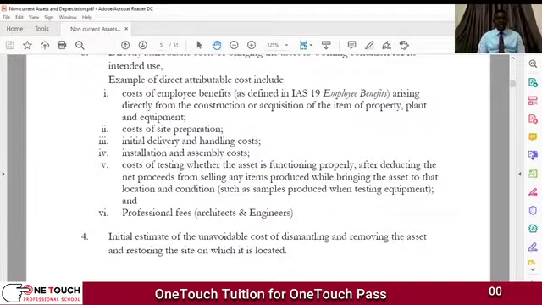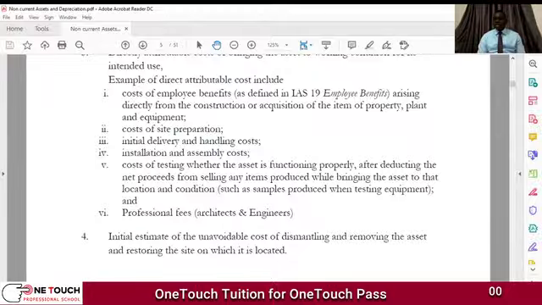Then the initial estimate of the unavoidable cost of dismantling and removing the assets and restoring the site on which it is located.